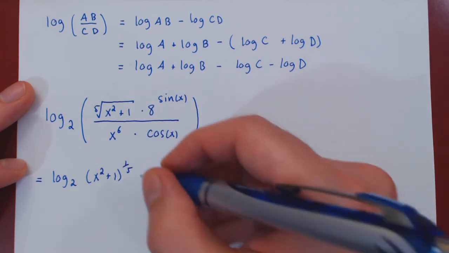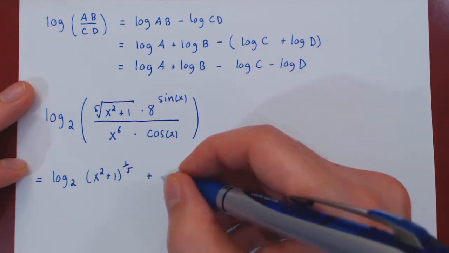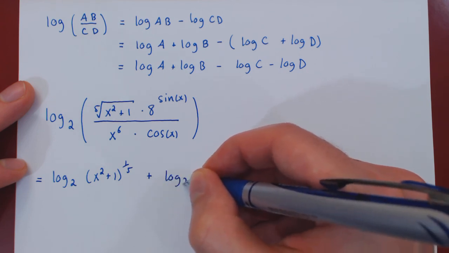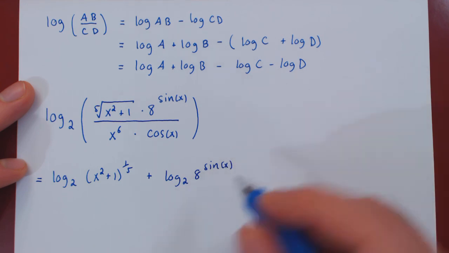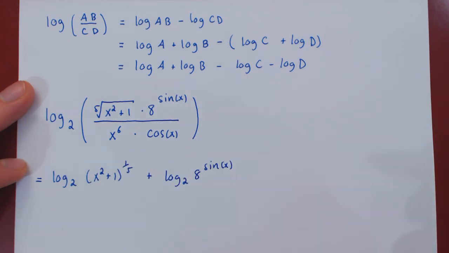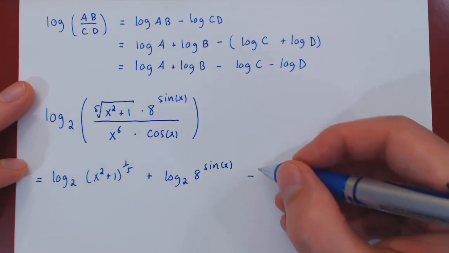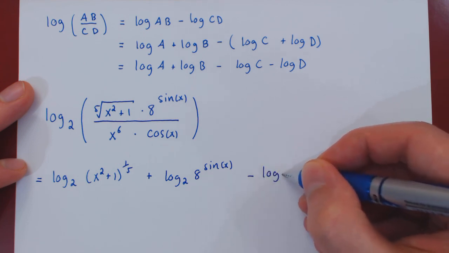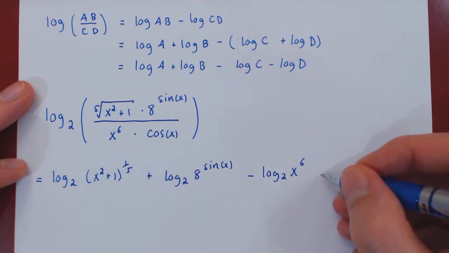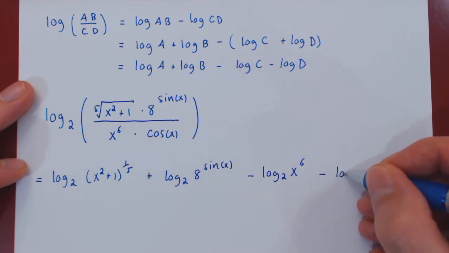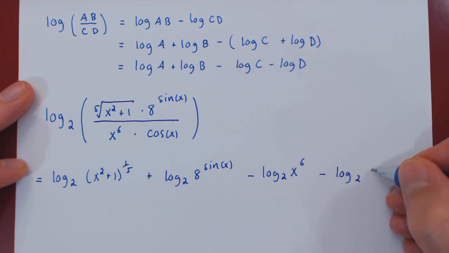This term's on top, so it's a plus log base 2 of 8 to the sine of x. These terms are on the bottom, so they get negative signs, so minus the log base 2 of x to the 6. On the bottom as well, negative sign as well, minus the log base 2 of cos of x.